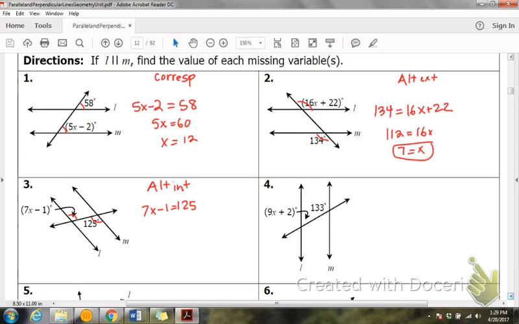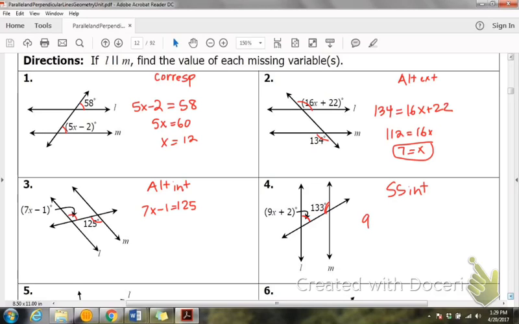Let's look at example 4. So we're talking about this angle here and 133 up here. Elvis, what kind are they? They're same side. Same side interior. And what do we know about same side interior, folks? Add them together. There you go. You're going to add them together to equal 180. That's the only kind besides a linear pair.